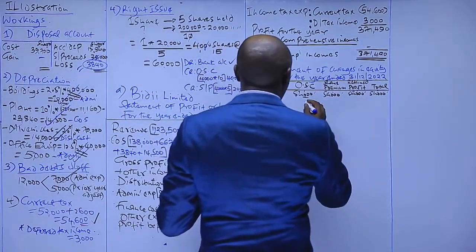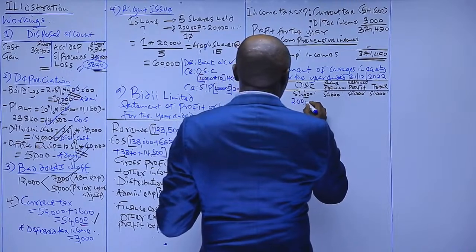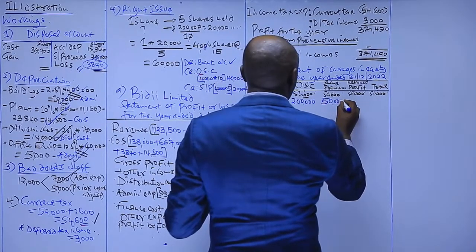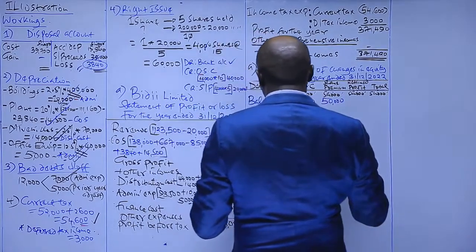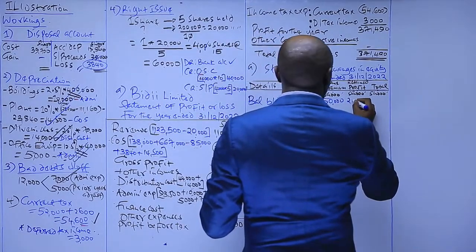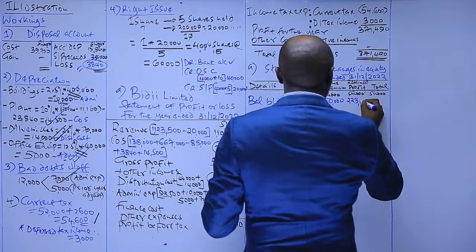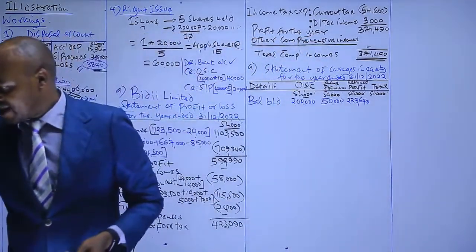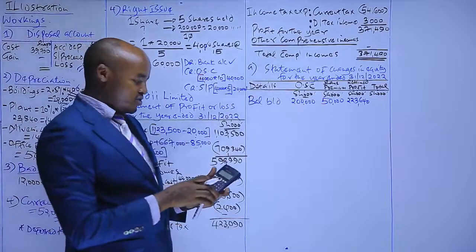For ordinary share capital, the opening balance was 200,000, share premium 50,000, retained profits 223,640. Then we get the totals.